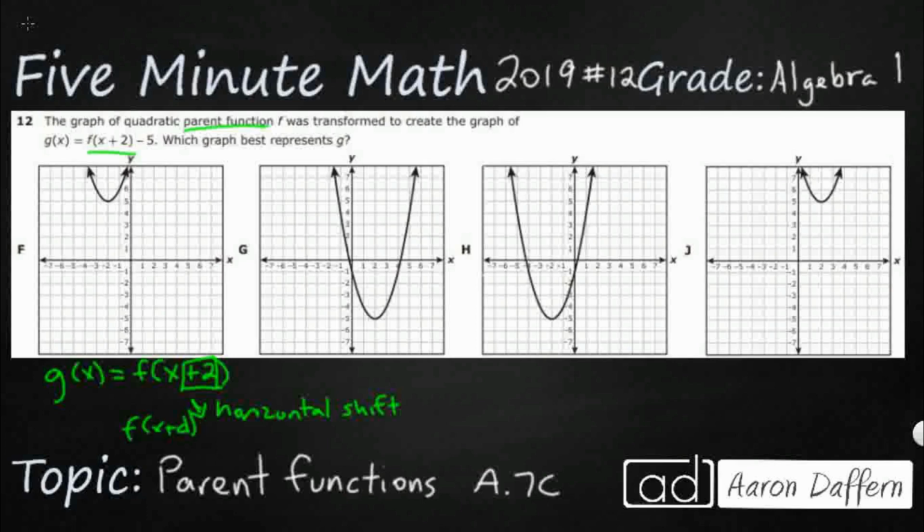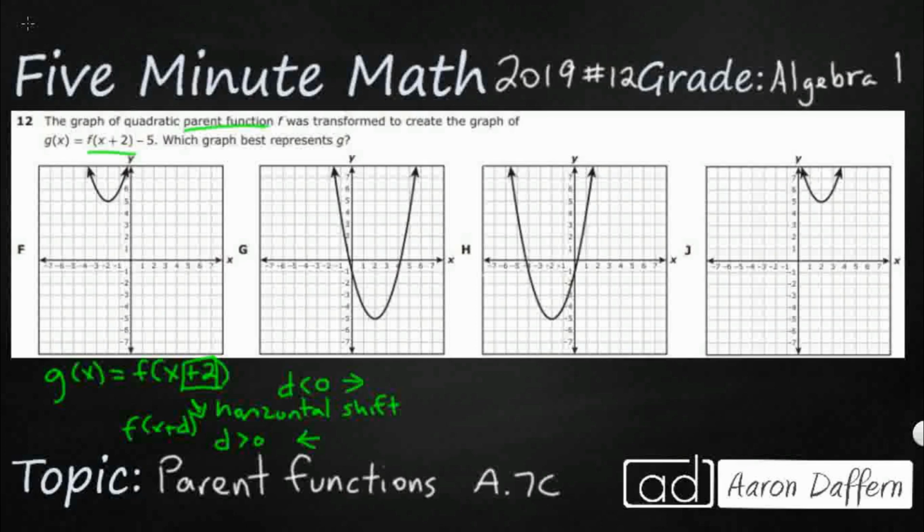Let's say when your d is greater than 0, 1, 2, 3, 4, 5, in this case it's plus 2, you actually shift it over to the left. You would think, since it's positive, you shift it over to the right, but you actually shift it over to the left. When your d is less than 0, negative 1, negative 2, negative 3, that's when you shift over to the right. So that seems a little bit strange.